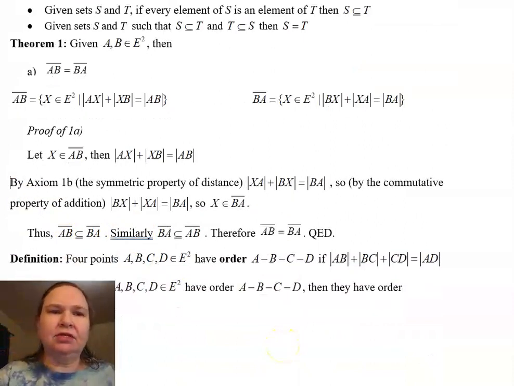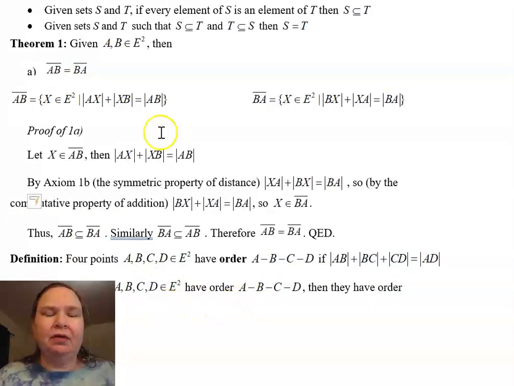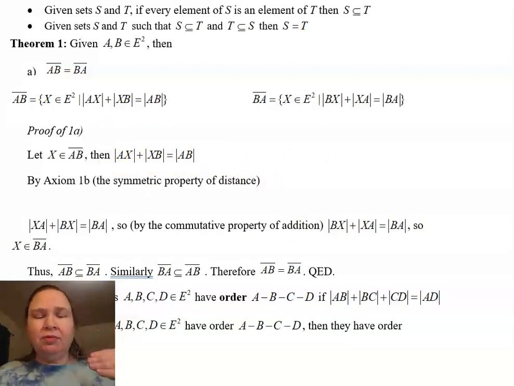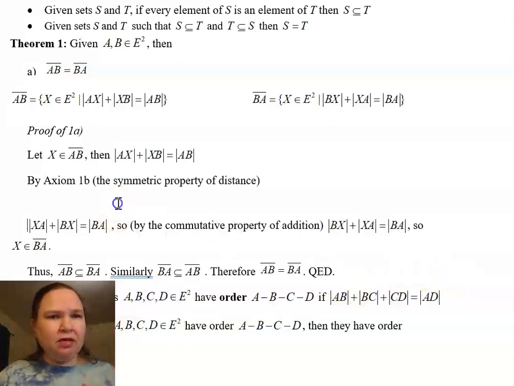So that is this next sentence. By the symmetric property of distance, I can swap, and I can turn AX into XA, XB into BX, and AB into BA. So really what I'm doing, unpacking this some more, is I am saying three things are equal.